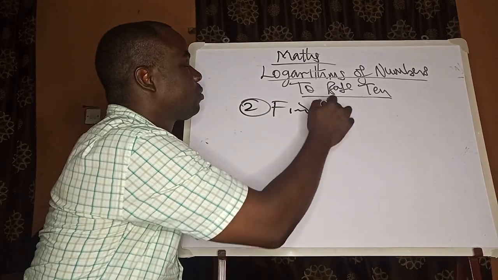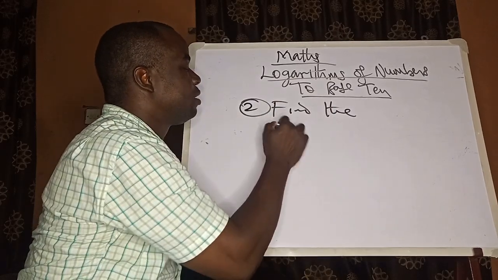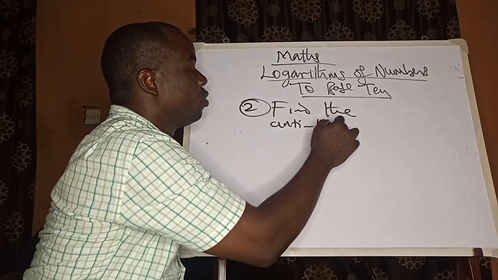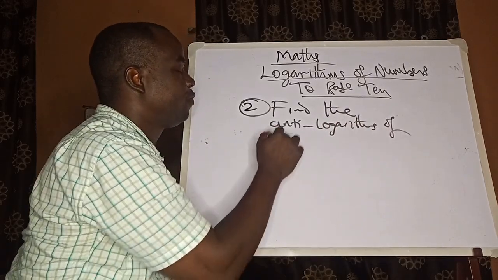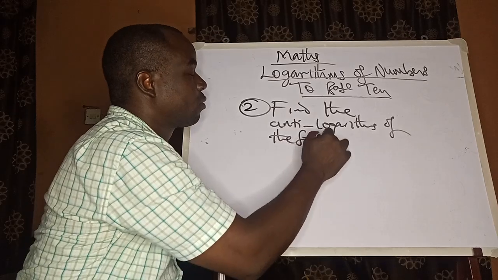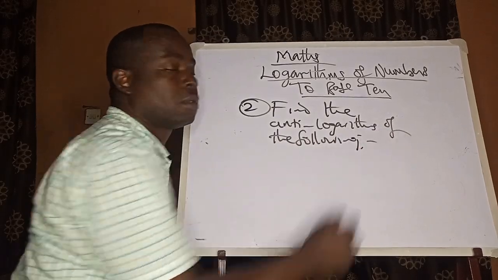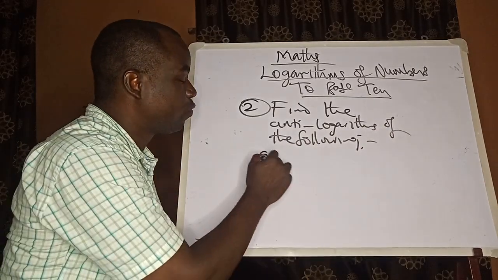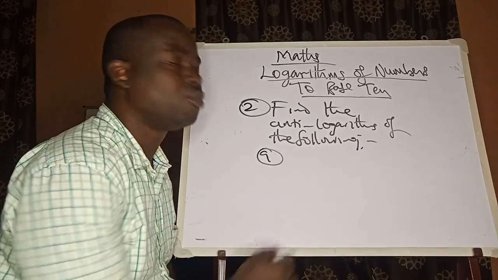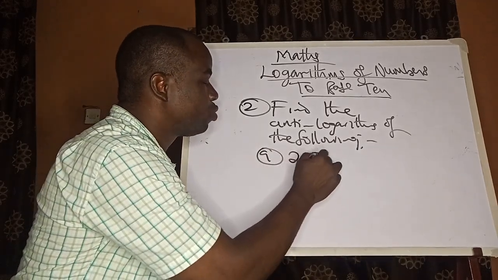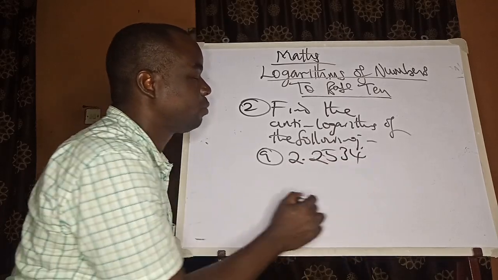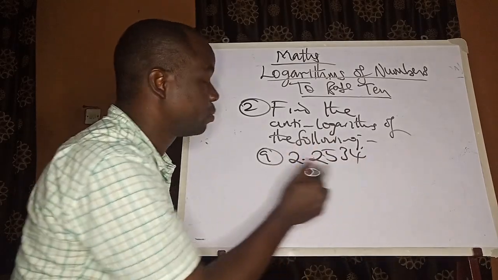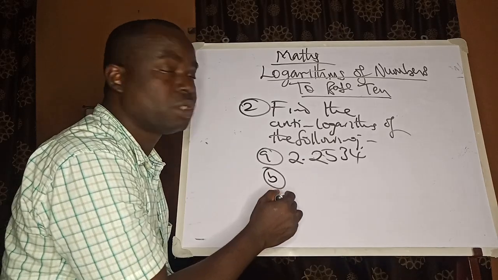Find the anti-logarithms of the following. All right. So let's solve 2.2534. We'll find the anti-logarithm of this one. What do we use now again?